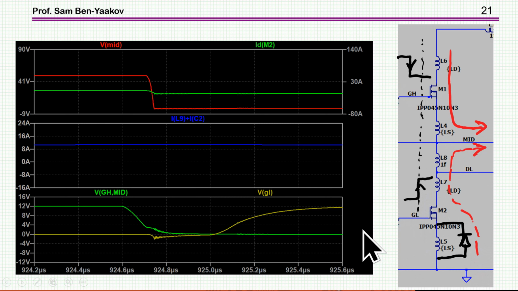So this is the best part of the switching cycle, and we see here the gate of the high side going down, this gate here, and there is this swing here of the midpoint, and then we see that very smoothly we turn on the low side while this diode is conducting. So this part really causes no big problem. The other part of the hard switching with the reverse recovery of the diode is the main problem causing oscillations.